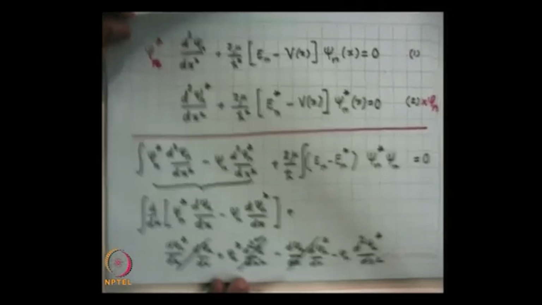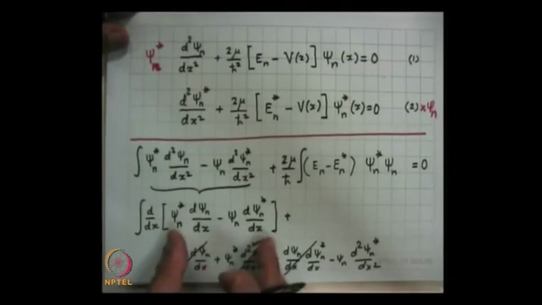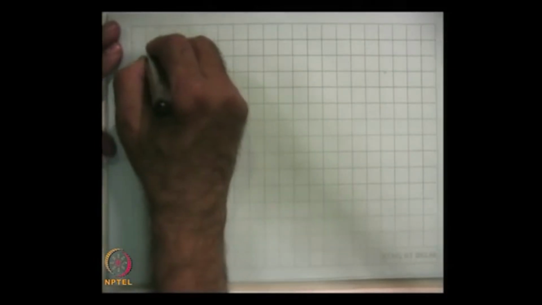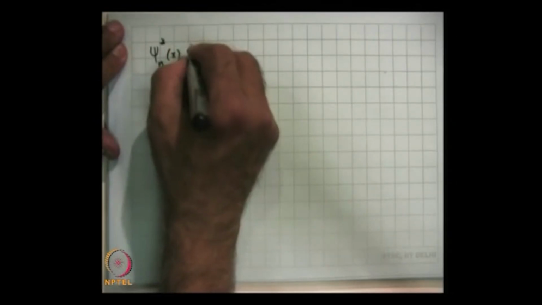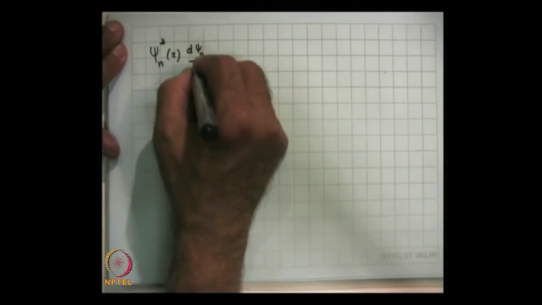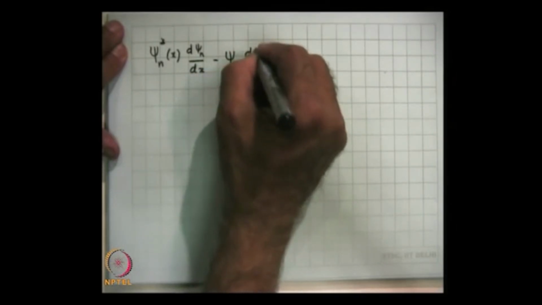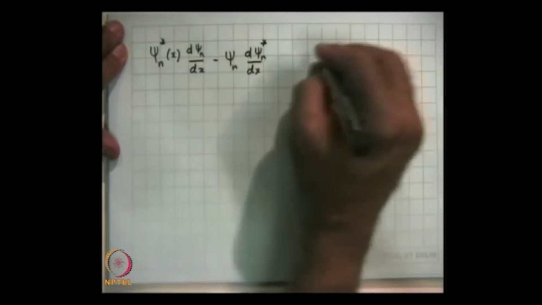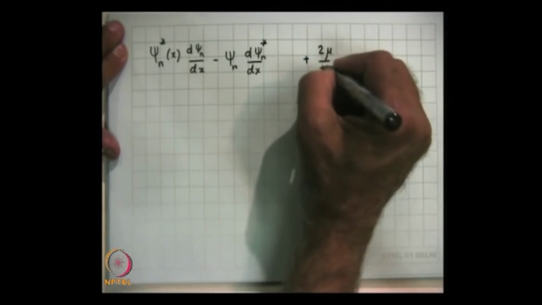I will obtain, if I integrate a total differential of a quantity multiplied by dx, of course, psi n star of x d psi n by dx minus psi n d psi n star by dx, this plus 2 mu by h cross square.